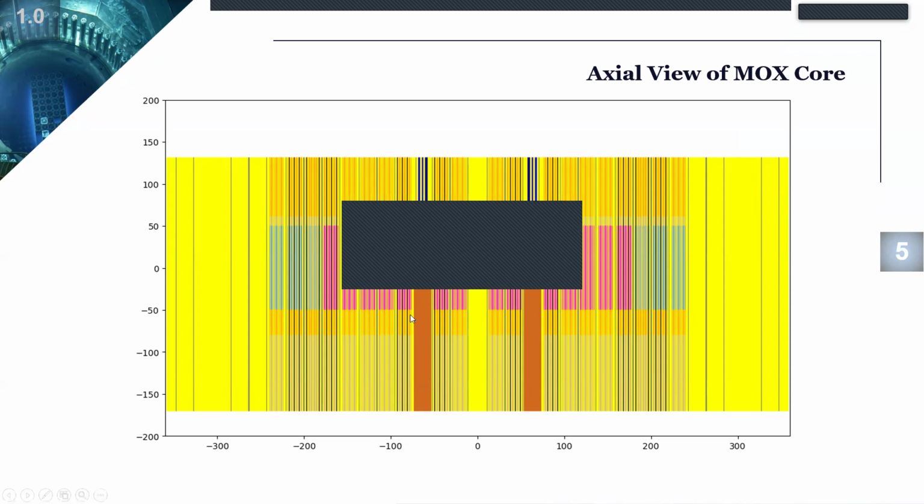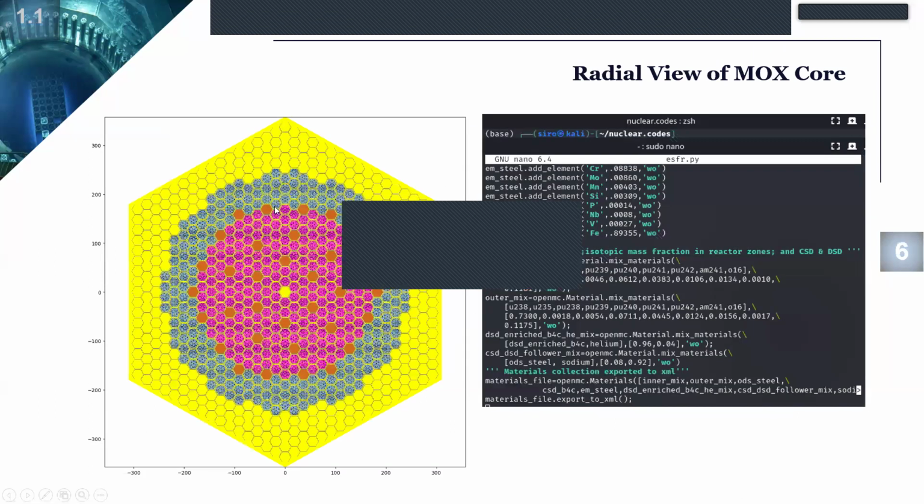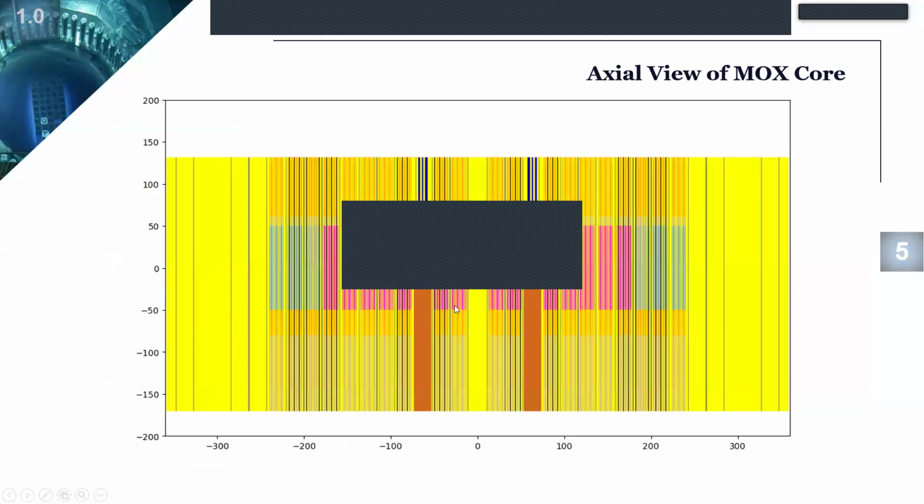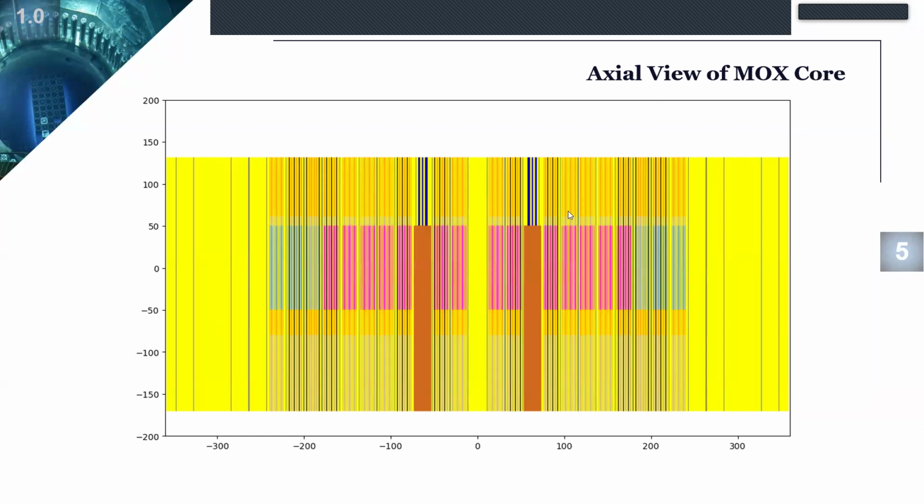Oh, all right. Okay, so no, let's move on to the previous slide, please. All right, so in the axial view of the MOX core, something is blocking my screen here. I don't know if it's my screen. There's something that is blocking the screen.